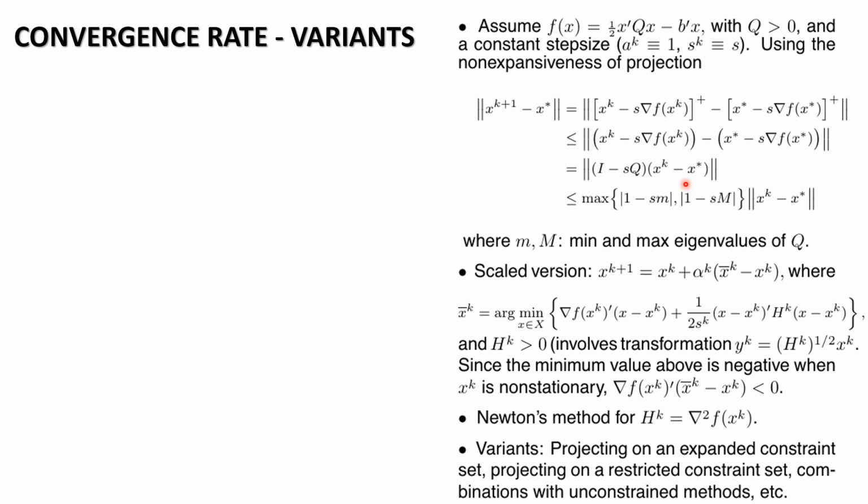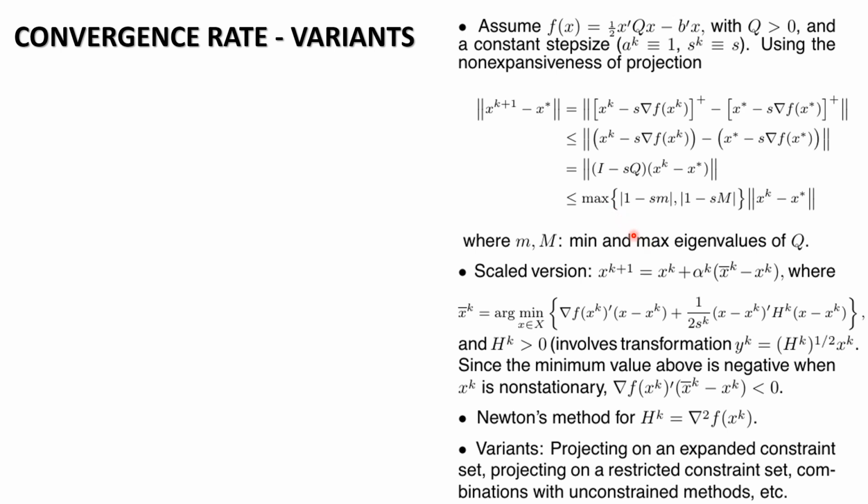Use the spectral norm of I minus sQ, which is governed by the eigenvalues m small and m big of Q. Then we can bound this inequality by the maximum of such expressions.